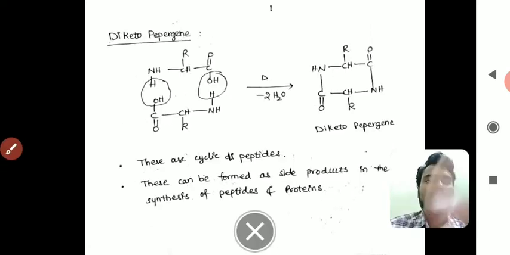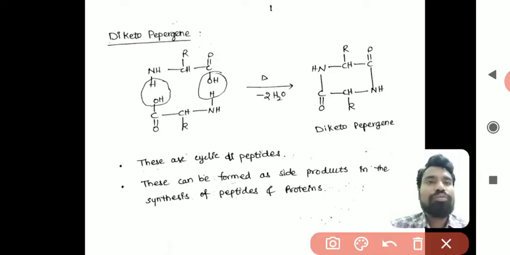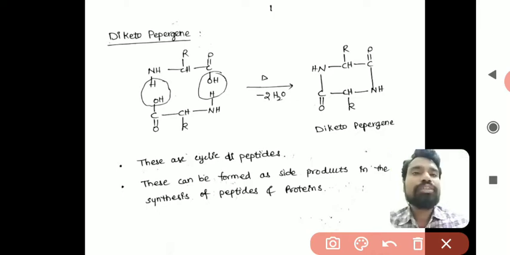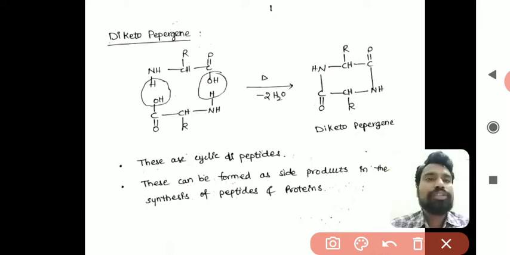The next one is, when 2 molecules of amino acid are treated with each other in the presence of heat, water is removed from the carboxylic acid OH and amino hydrogen.